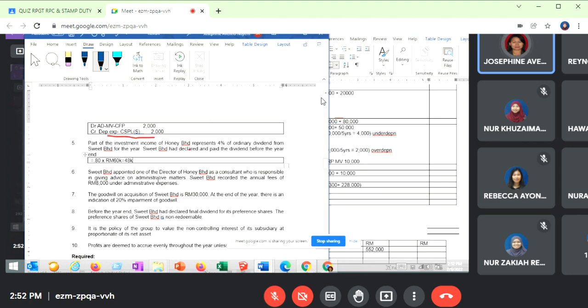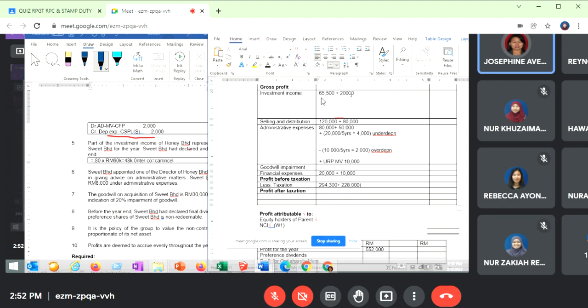So that is the holding's share. So this is intercompany. Remember, when it's intercompany, we need to do the cancellation. So we go to the investment income and then you minus the amount that is received.